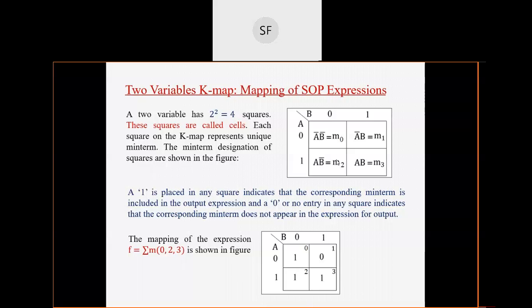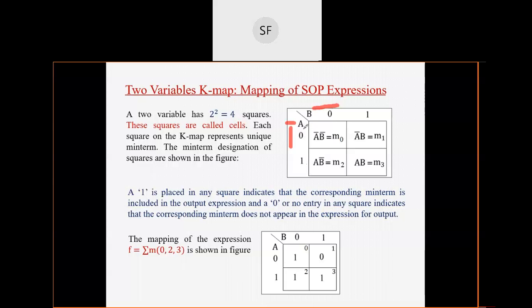Okay. So now here you can observe the two variables are nothing but variable A and variable B, and you can observe here variable A is on this side, and variable B is on this side. Again, the maximum number of values of any variable in a Boolean expression is 2. दो ही वैल्यू हो सकती है, either it will be 0 or 1.